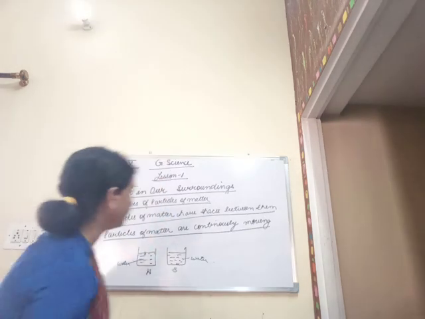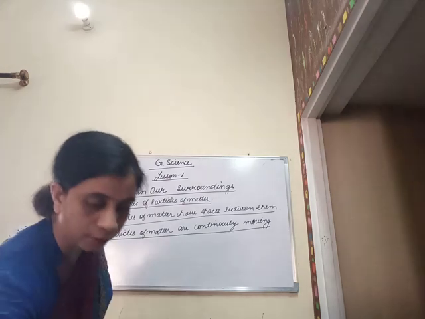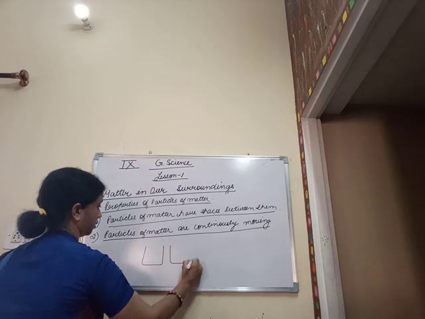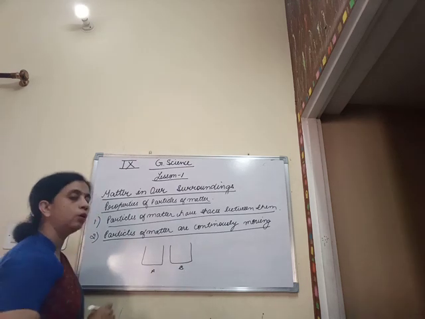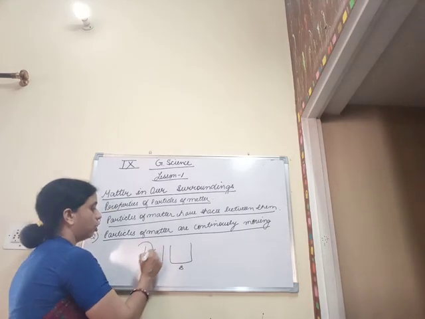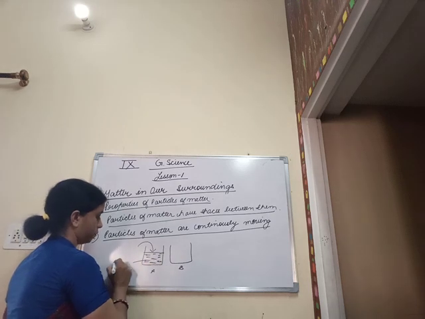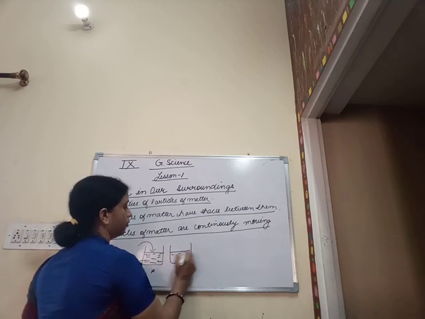Then the third activity which can be very well demonstrated is, again, take two beakers, beaker A and beaker B. In beaker A, put 50 ml of hot water, and in beaker B, put 50 ml of cold water.